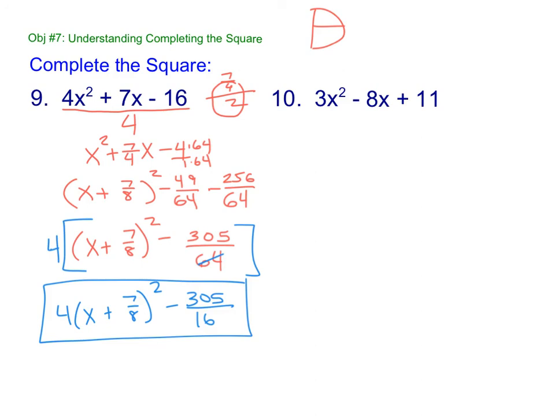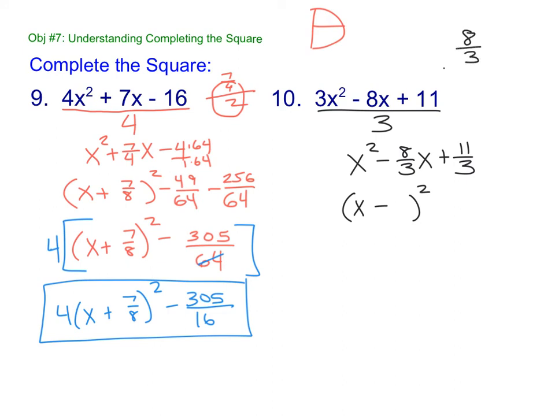So I'm going to take out that 3. x squared minus 8/3 x plus 11 over 3. This is basically as hard as it would get. I guess I could make it harder with bigger numbers, but this is difficult enough. x minus, remember we take our middle term, 8/3 divided by 2 is 8 over 6, which is 4 over 3.